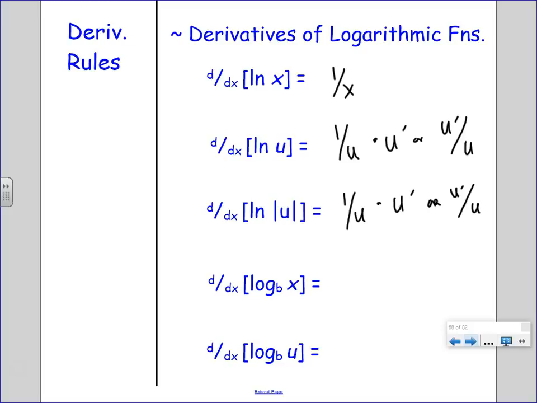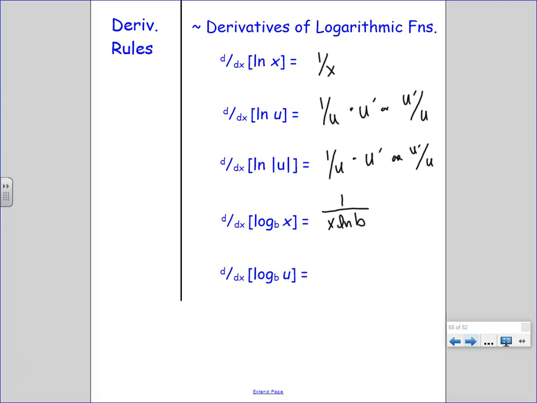Log base b of x, we just looked at it. 1 over x ln of b. And we just mentioned, if there's a u, 1 over u ln of b times u prime. Or that might change into, you could do u prime over u ln b.